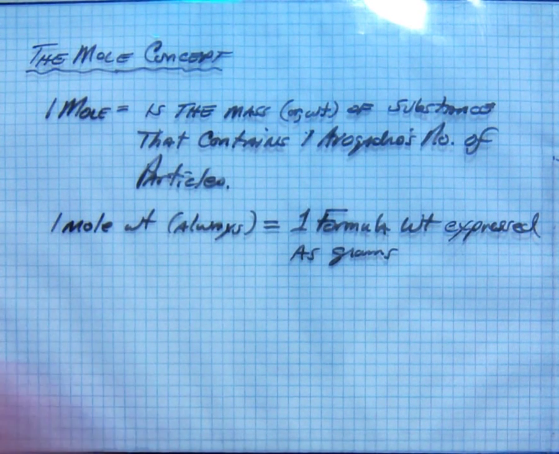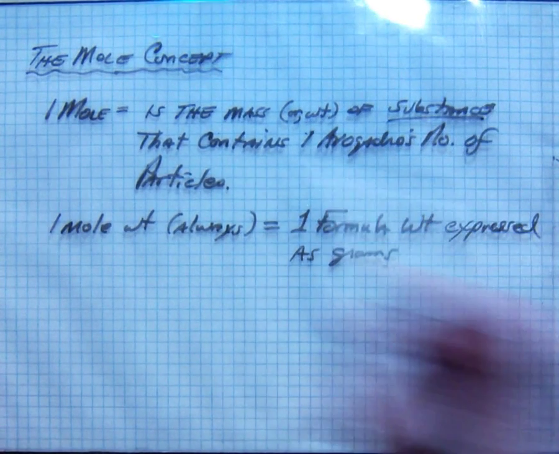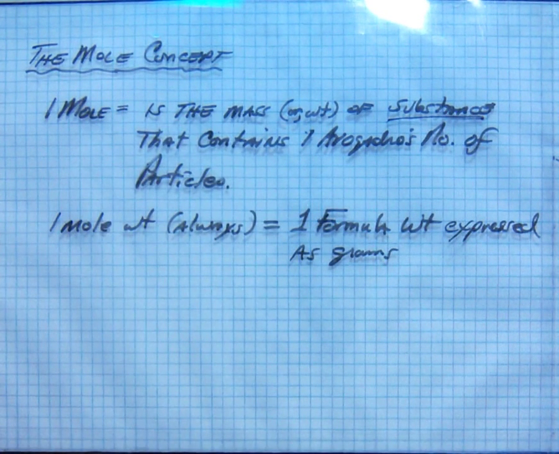If we consider substance, it is the mass of a substance. And in the beginning of this, I asked you to remember that a substance applies to the elements as well as the molecules. So we're saying a mole weight of an element, or a mole weight of molecules.